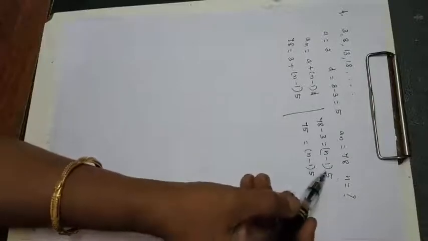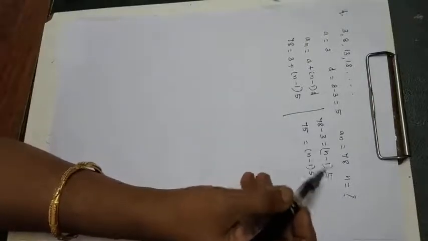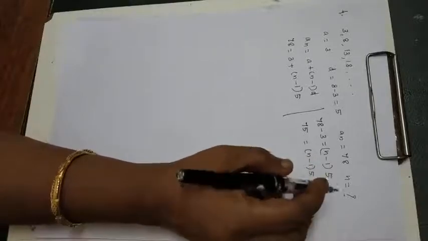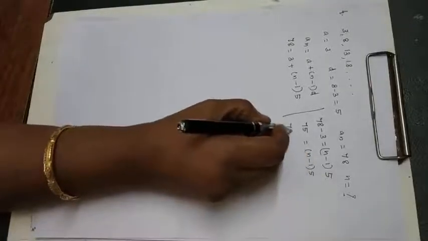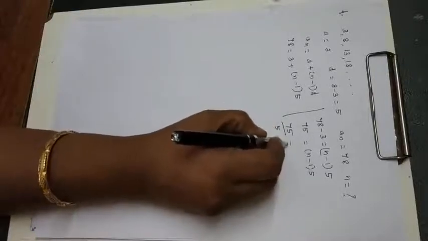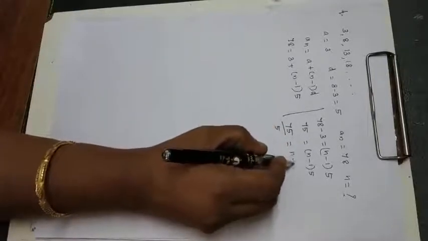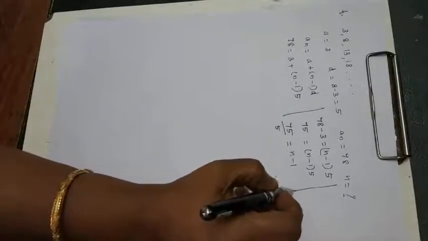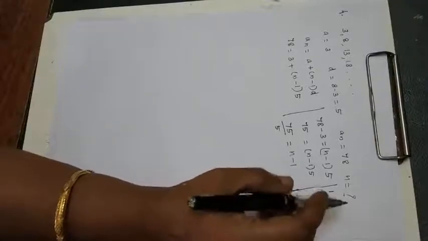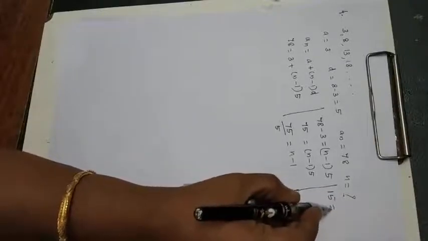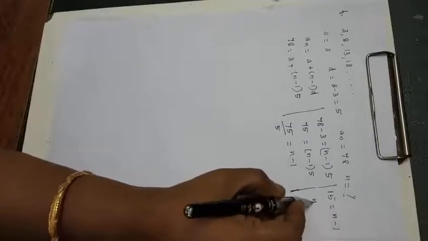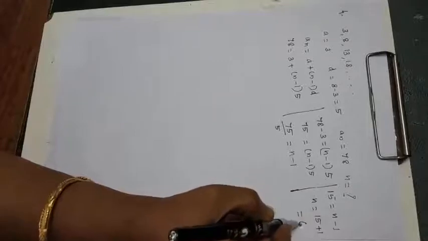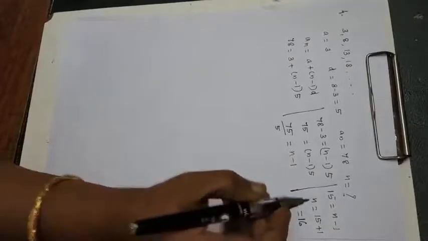Now if you want, you can open the bracket, then subtract, or you can directly divide with 5. So 75 by 5 is 15. You will get 15 is equal to n minus 1, or n is equal to 15 plus 1, that is equal to 16. So n is equal to 16.